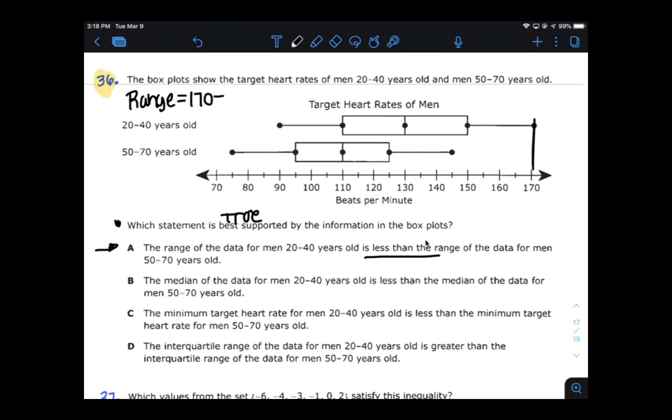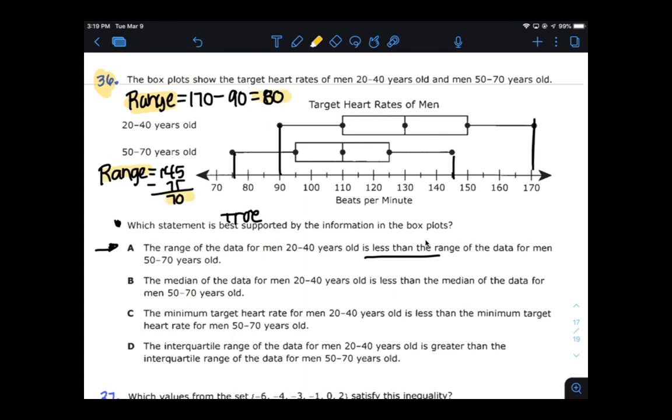For the 20 to 40 year olds it's going to be 80, and for the 50 to 70 year olds we have 145 minus the least amount, which is 75, so we have a range of 70. So the range here is 80 and the range here is 70.